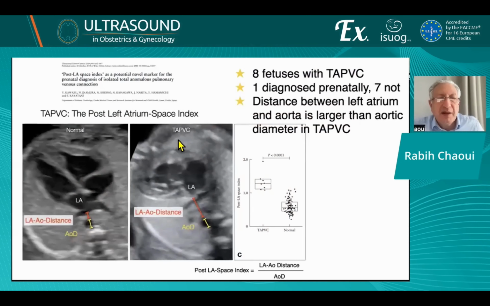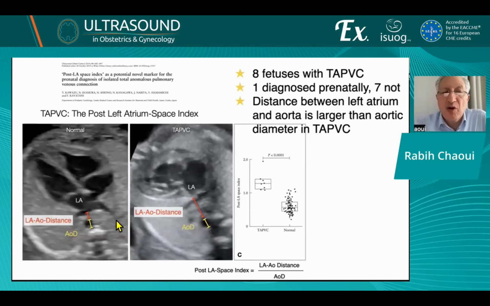Now you see here, there was a paper published by Dr. Kawazu from Japan. What they said is if there is a condition where there is a confluent vein behind the heart, the area behind the heart is going to be enlarged. They analyzed one detected case and they added to it 7 not detected, and they found out that the area is larger. To quantify this, they made the relationship of the distance between the heart and the aorta in relation to the descending aorta diameter.